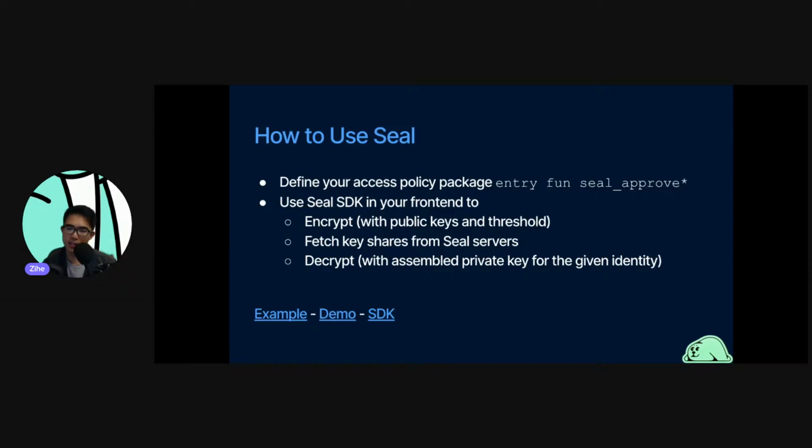You can fetch and decrypt the key shares from the key servers, and then finally call this sealClient.decrypt function with the assembled private key for the given identity, which is the file or the access policy. Then you'll be able to decrypt whatever is under this access policy.